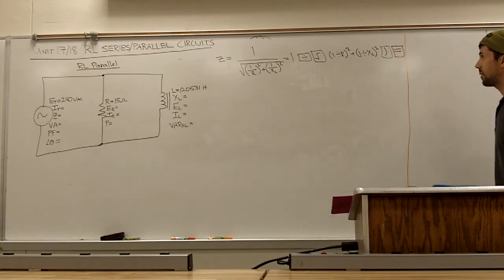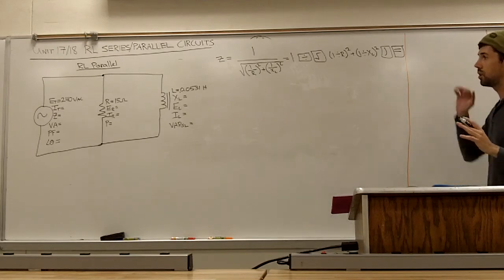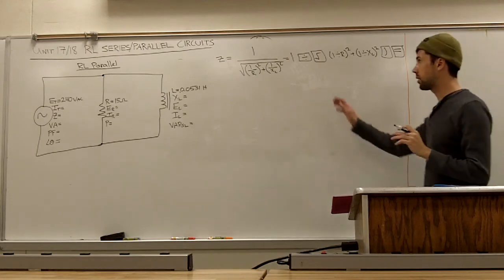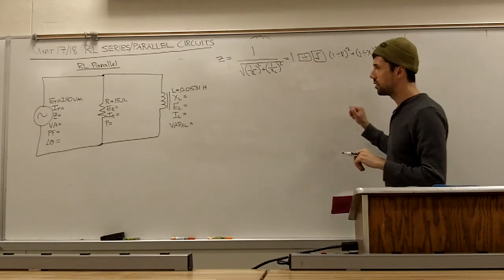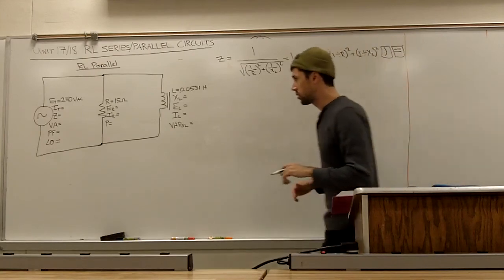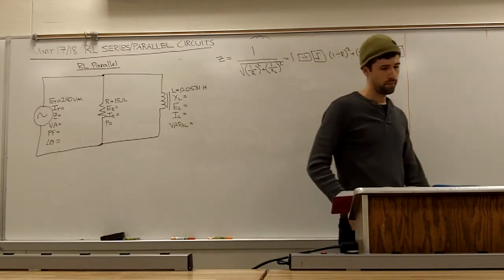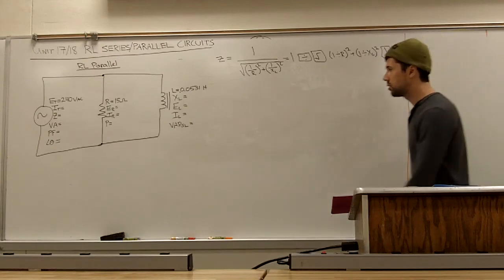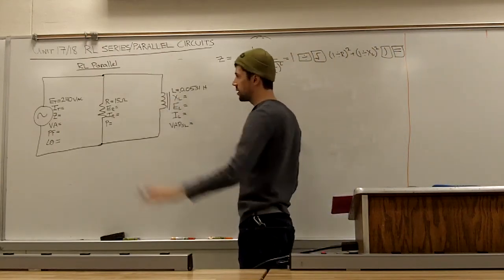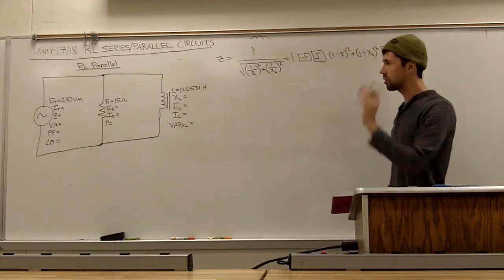So as you can see, this is absolutely disgusting to put to a calculator. There are a couple of homework problems where you'll need to do this, but I'm not going to expect you to do this on the test. There are other ways you can find this without using this equation. So once again, that's the only change. Everything else as far as the individual values, the equations stay the same. It is just now a parallel circuit.